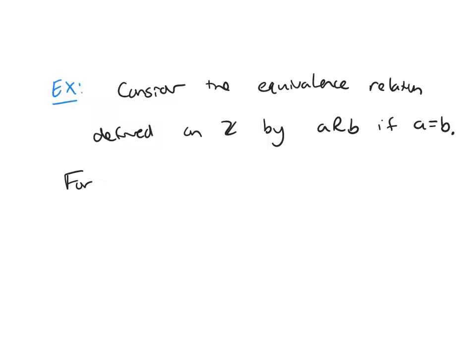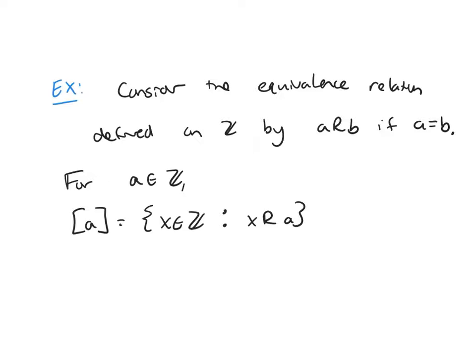So if I look at any element out of Z and I look at the equivalence class for that element, remember this is the set of all elements in Z where X is related to A. But what is our relation here?